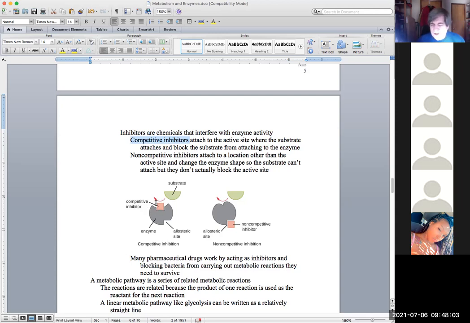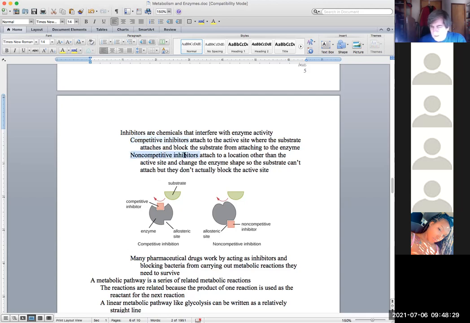And when it attaches, it blocks the active site. So since it blocks the active site, this means the substrate can't attach to the enzyme. So this reaction is going to slow down. Now, keep in mind, you have a lot of enzyme molecules, so it doesn't mean they'll all be blocked, but even if some of the enzyme molecules in a cell are blocked, the reaction will slow down.